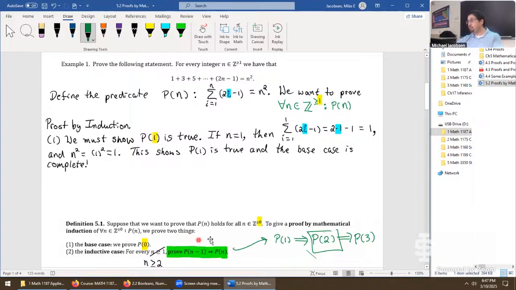P(2) being true implies P(3) is true. And this goes forever. We sweep out all integers greater than or equal to 1 because this just does not stop. This implication will hold for every single proposition in the overall predicate right up here. Well, that's one way to view it. Any questions about that, folks, before we go to really write out the inductive case itself?